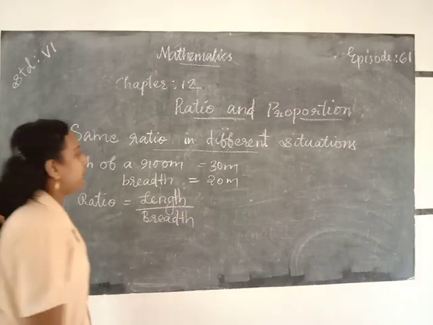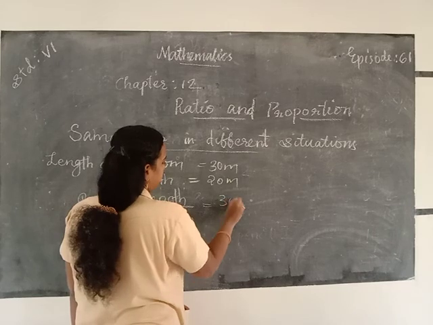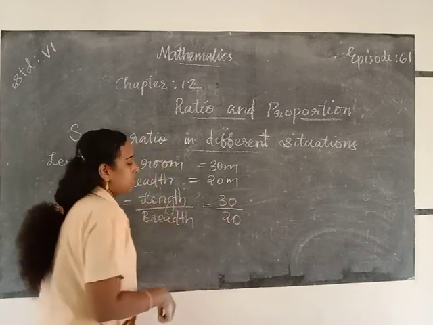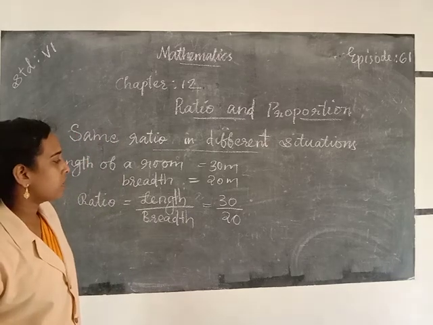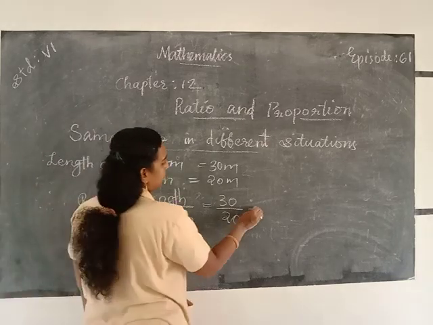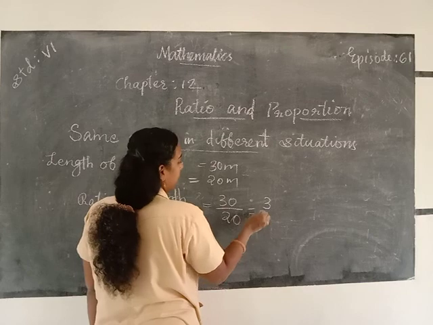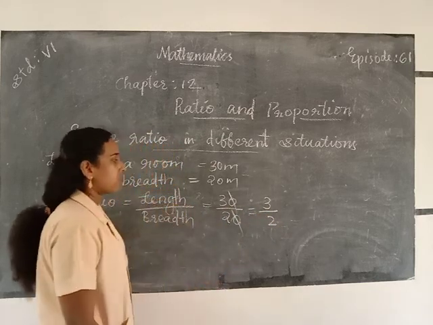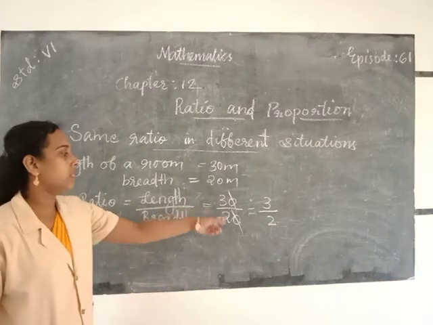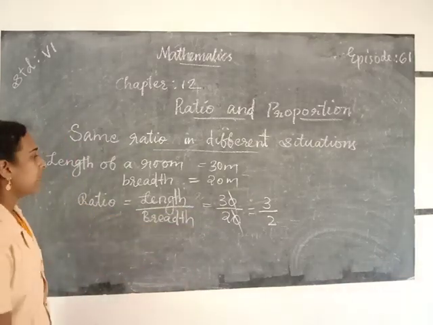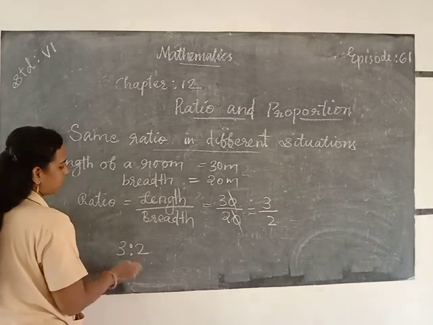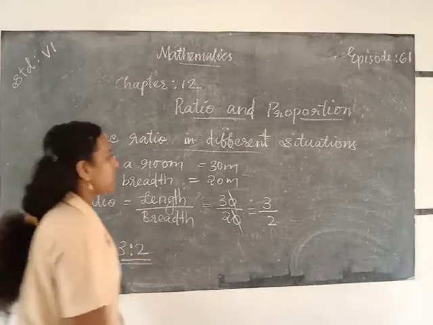And here length is equal to 30 meter divided by breadth of the room is equal to 20. So these two are multiples of 10. When we cancel these two zeros from denominator and numerator, then we get 3 by 2. And here the required ratio is equal to 3:2.